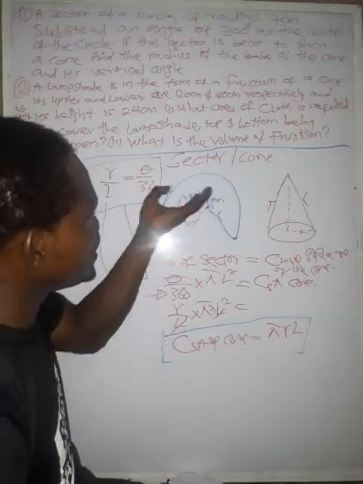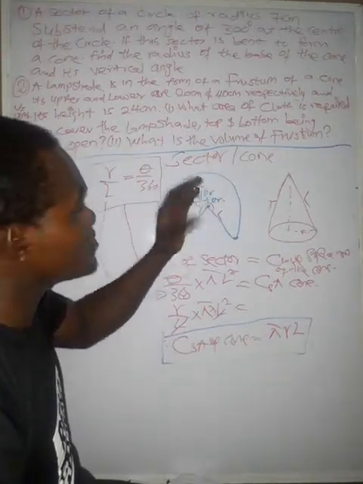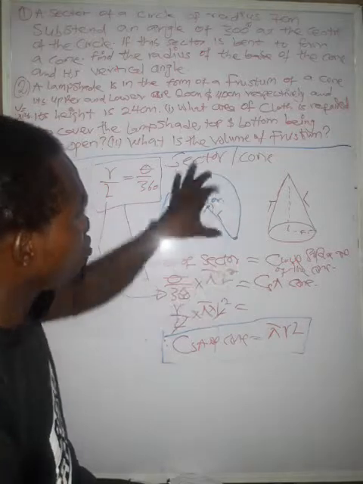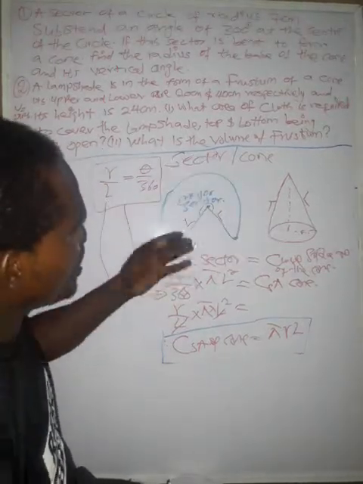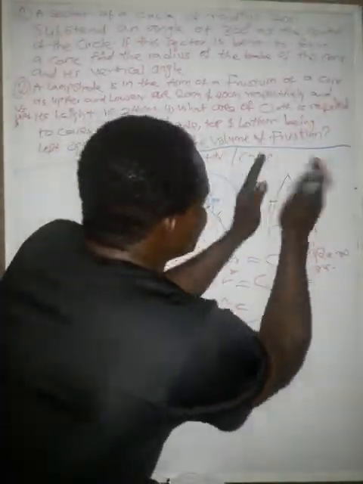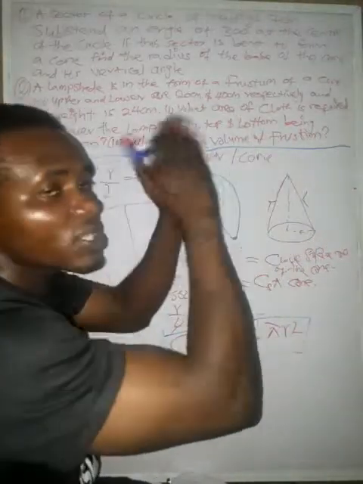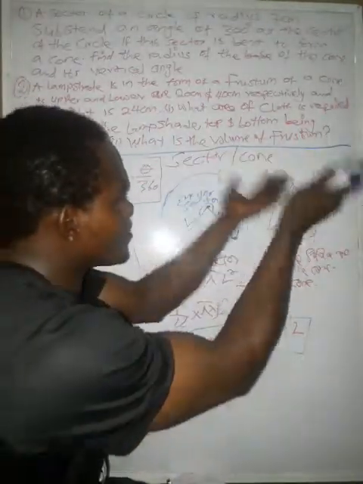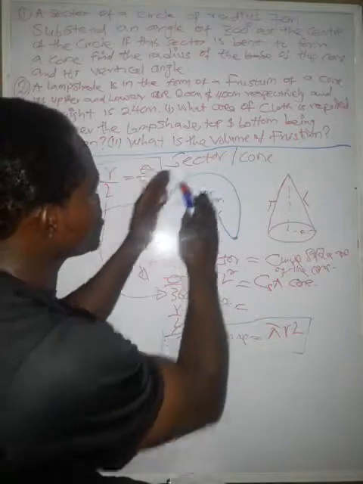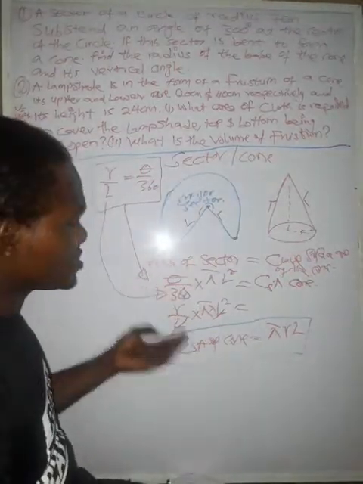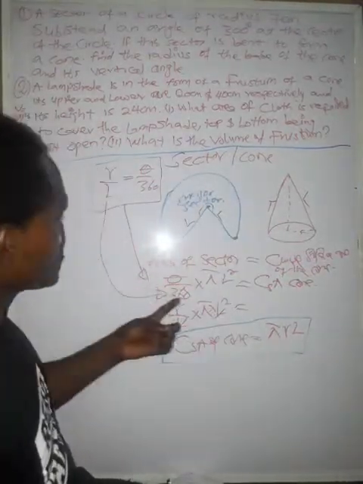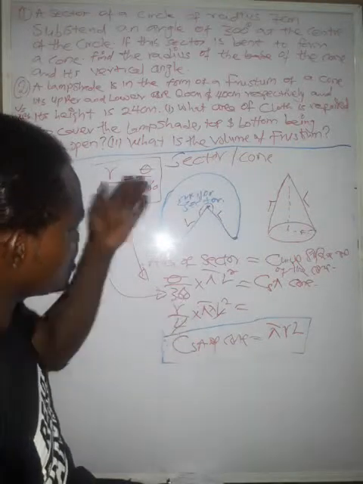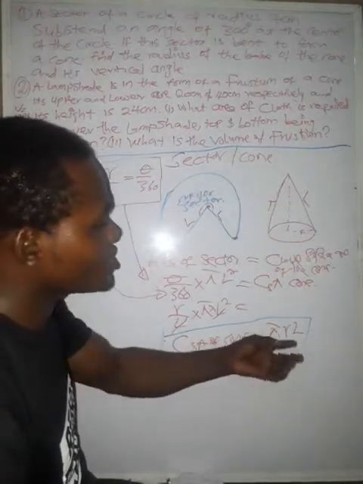Then you consider the area of the sector, which means everything here. By the time you fold it, it becomes the curved surface of the cone. You already know the area of the sector, which is this. Then just substitute for theta over 360, and you arrive at the curved surface area of the cone.